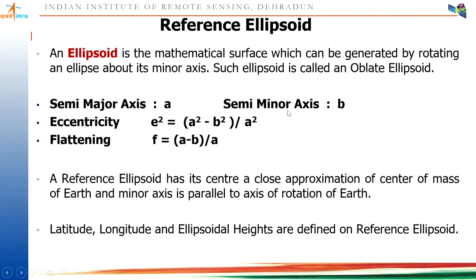And the semi-minor axis, similarly, is the vertical distance from the center to the vertex, that is b. Double of that is the minor axis, 2b.